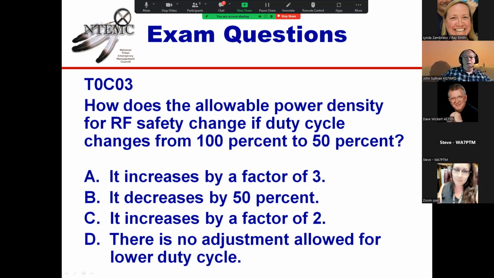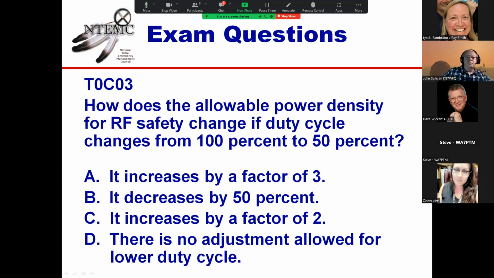All right. How does the allowable power density for RF safety change if duty cycle changes from 100% to 50%? I just kind of gave that answer away, right? If your duty cycle is cut in half, it means you're transmitting half as much. Is it going to increase the allowable density or reduce it?